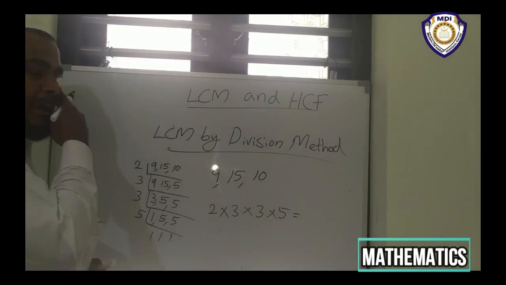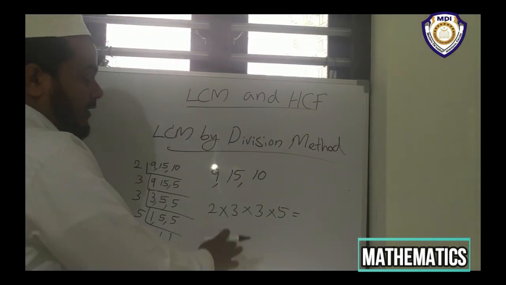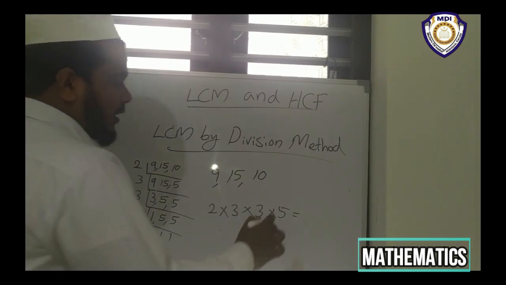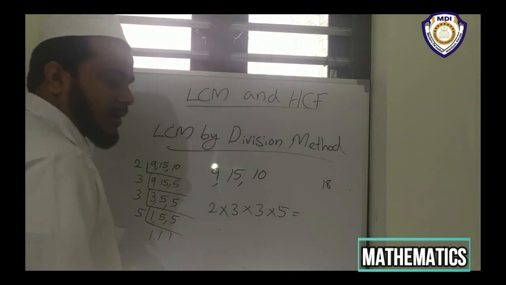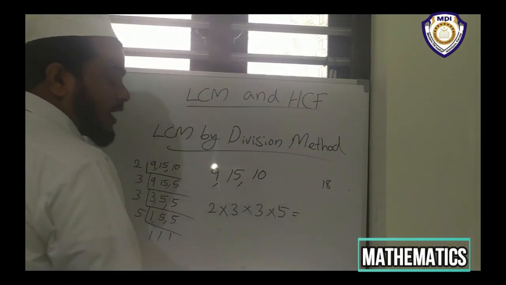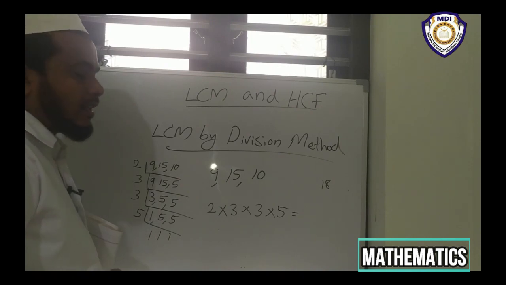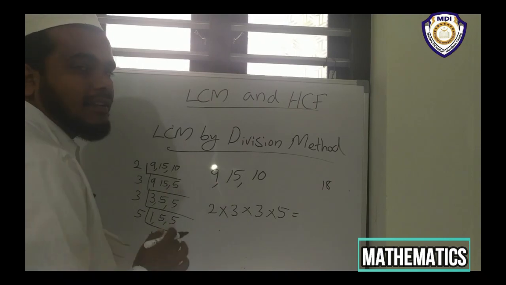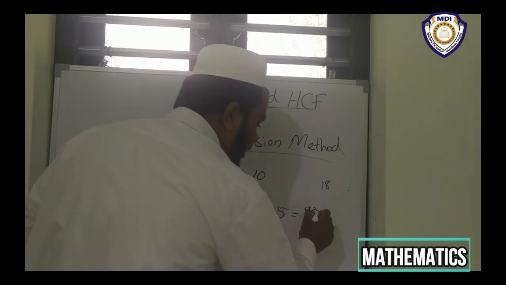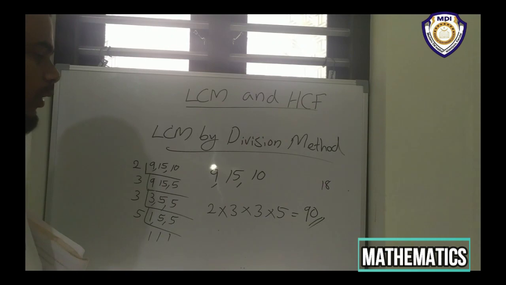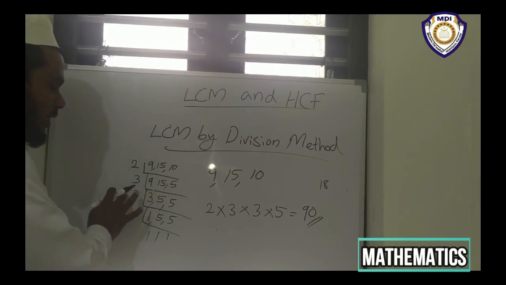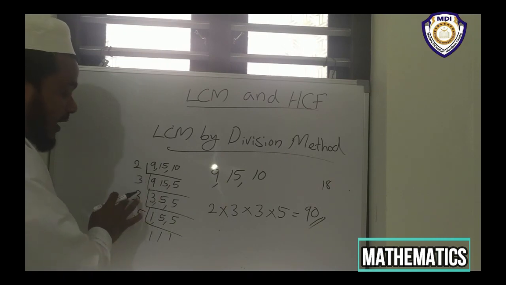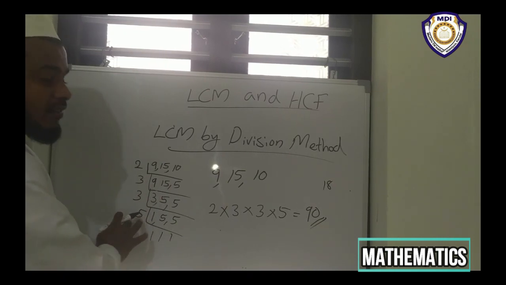2 into 3, 6. 6 into 3, 18. 18 into 5. What is half of 18? 9. Then 90.